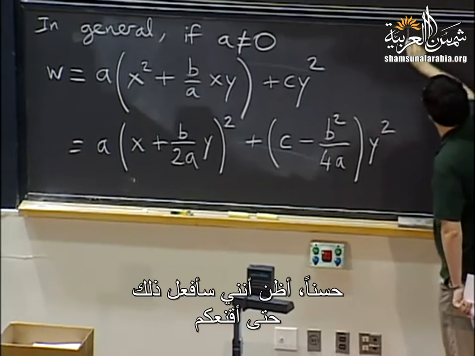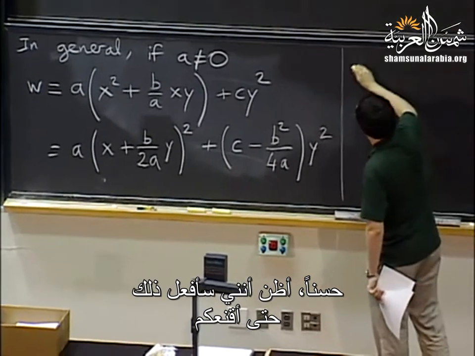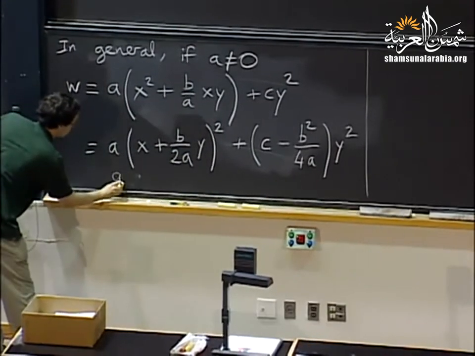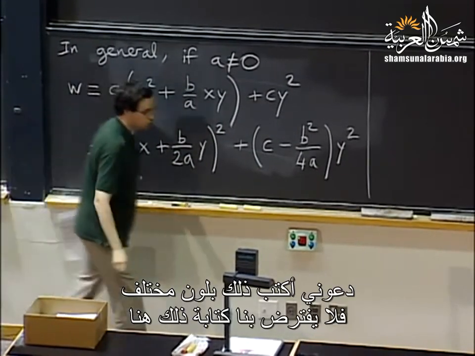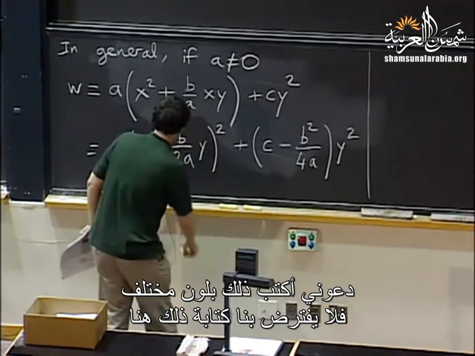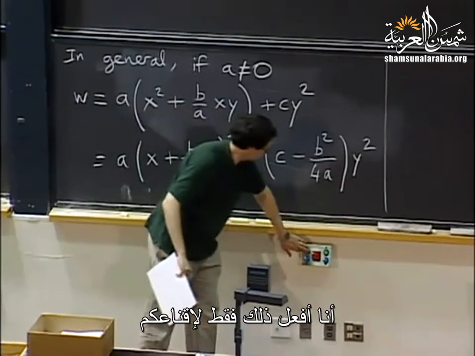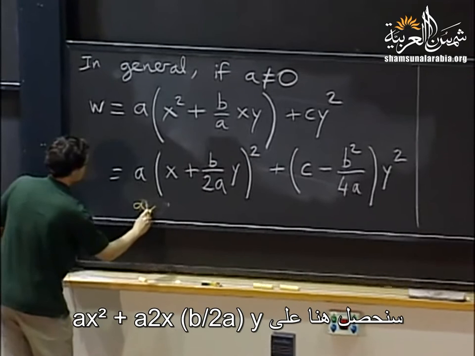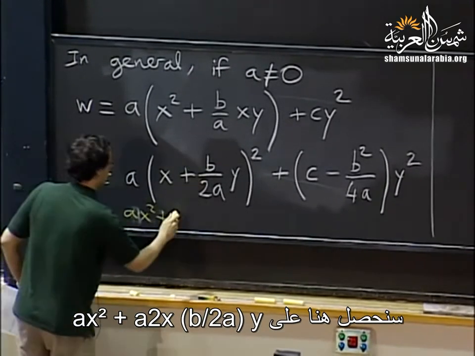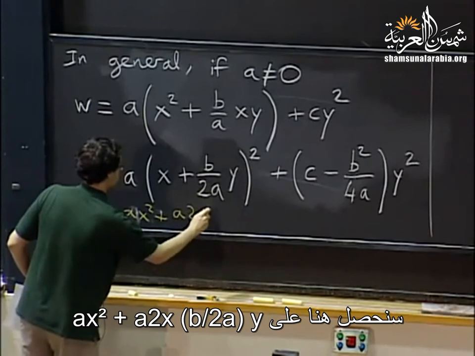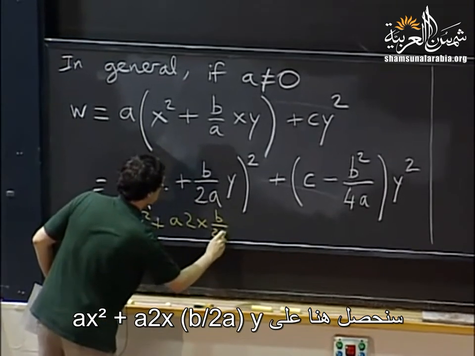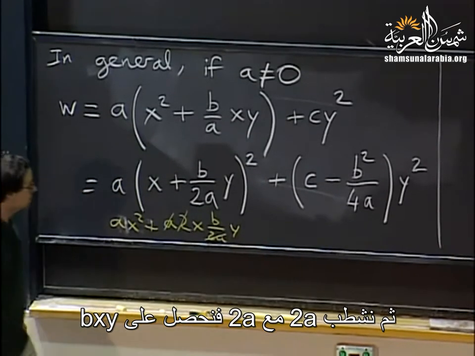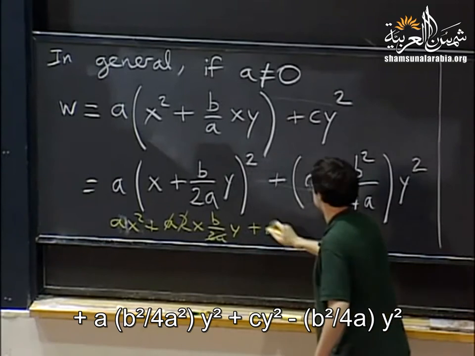Okay, maybe I'll do it just to convince you. If I expand this, I will get a times... Let me put that in a different color because you shouldn't write that down. It's just to convince you again. If you don't see it yet, let's expand this thing. We'll get a times x squared plus a times 2x b over 2a y. Well, the two a's cancel out. We get bxy plus a times the square of that.